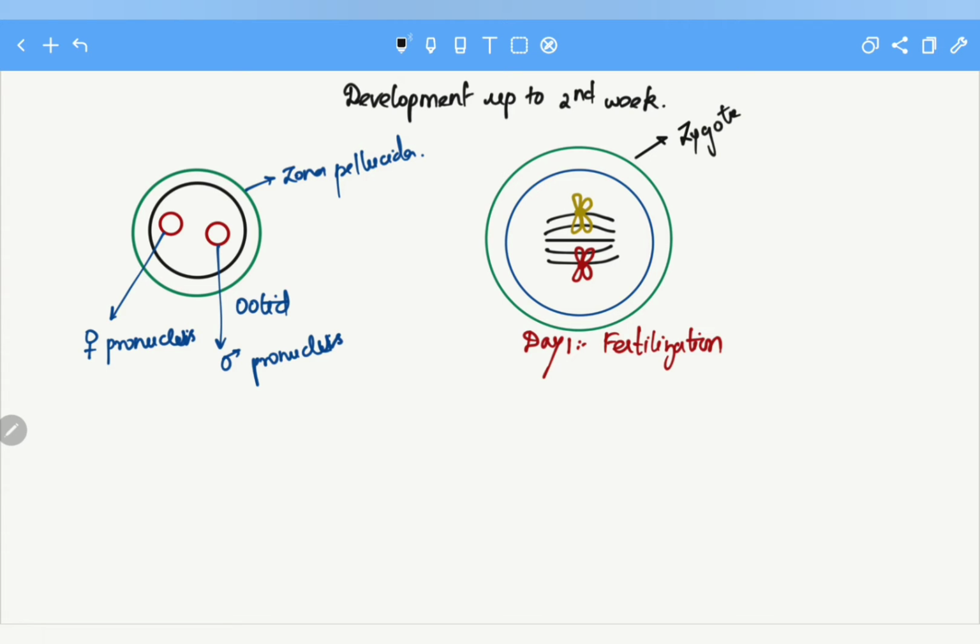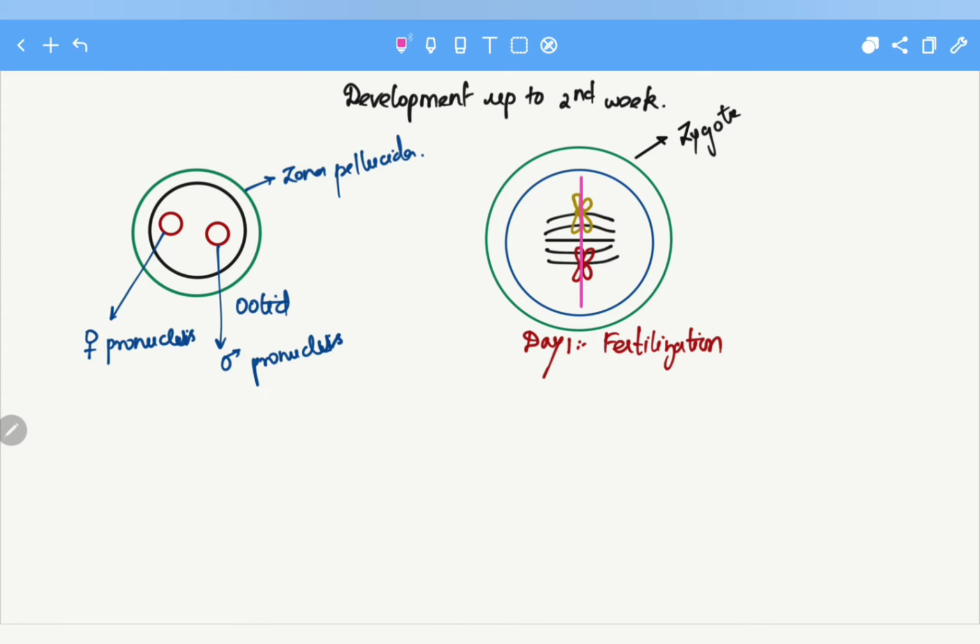After this, the cell prepares itself for cleavage. The chromosomes of both pronuclei arrange themselves on the cleavage spindle, the mitotic spindle, and they divide longitudinally.